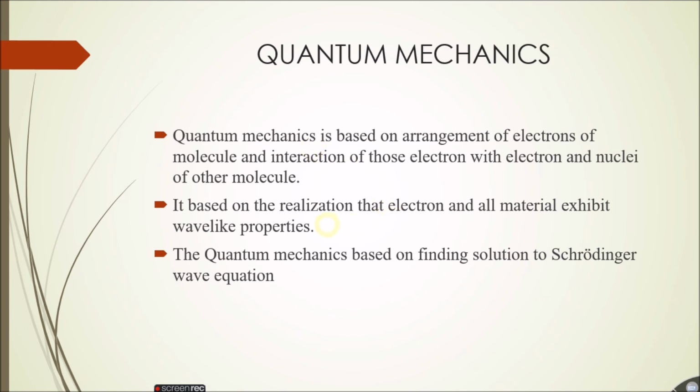By considering the wave nature of the electron, which was later proved by certain experiments, we can get a lot of information about the molecule. How quantum mechanics calculates these data, how the wave properties of the electrons are considered, it all starts with finding solutions to the Schrödinger wave equation.